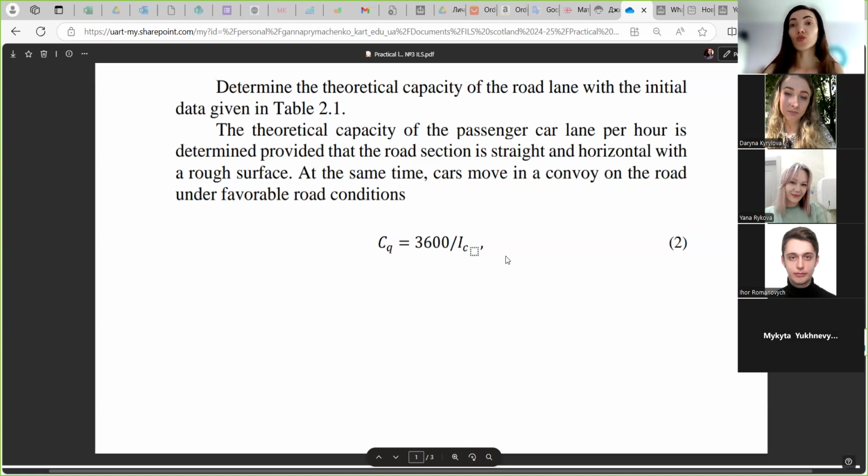We also use such parameter as 3,600 for deciding our results for hours, from seconds to hours. Okay, and you can write the answer for our task 2.1 that we find the theoretical capacity of the car on our line is and the result of your decision.